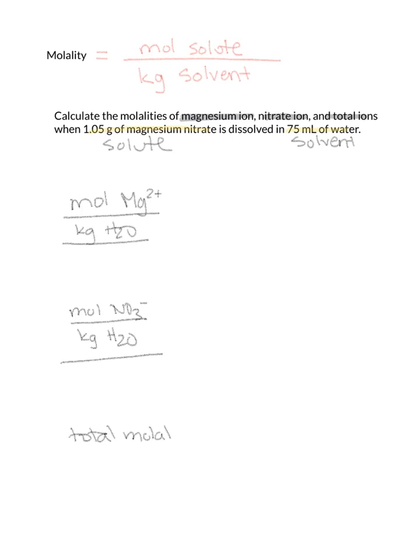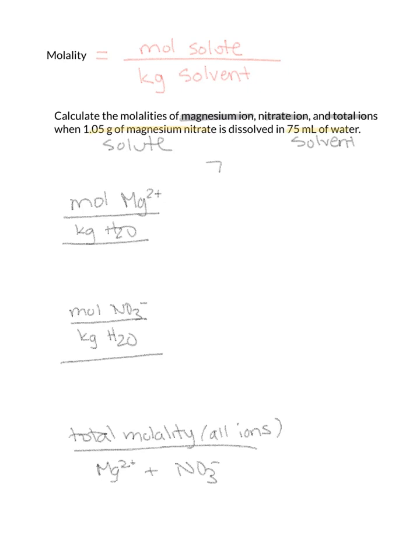And just like before, if I'm talking about all the ions, I can just add up what I get for magnesium and nitrate. So the big key here is, we know how to do the moles, we did that last time. Now we need to figure out the solvent and the kilograms of the solvent. So let's think about that for a second.